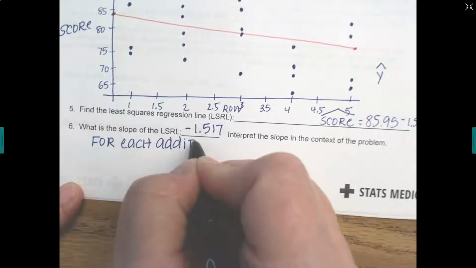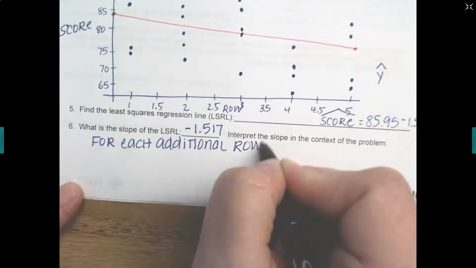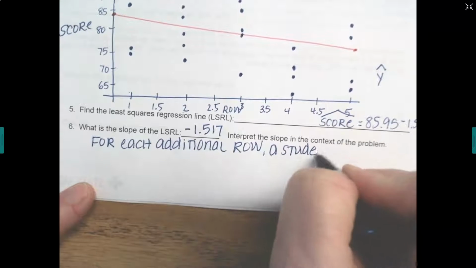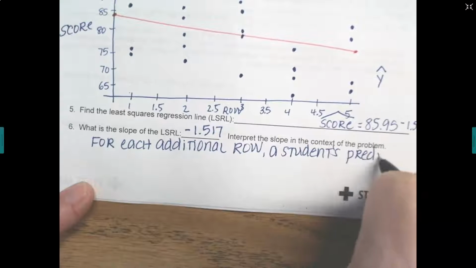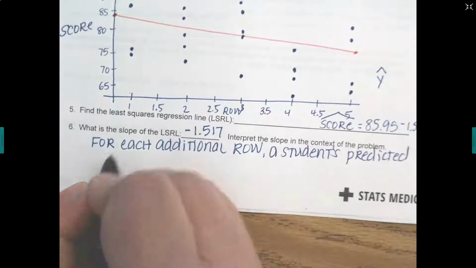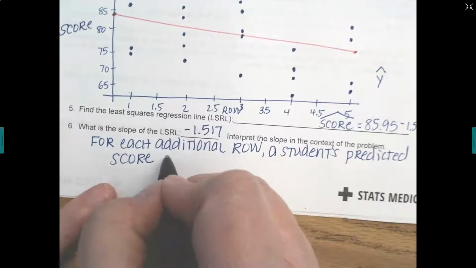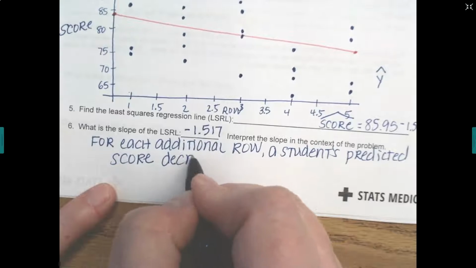So for each additional row, a student's predicted score will decrease by 1.517 points.